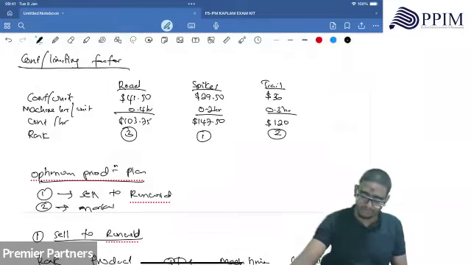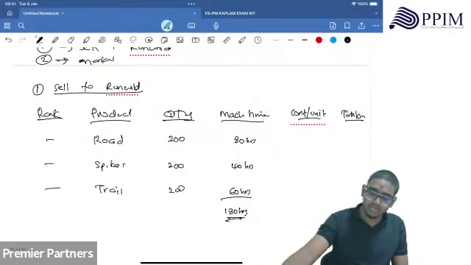But what is my... Sorry, could you go up to the contribution per unit? Oh, yeah, sorry. Okay, never mind. Okay, yeah. So contribution per unit is what we need to look at. So if you're looking at contribution per unit, what happens to it in this case?